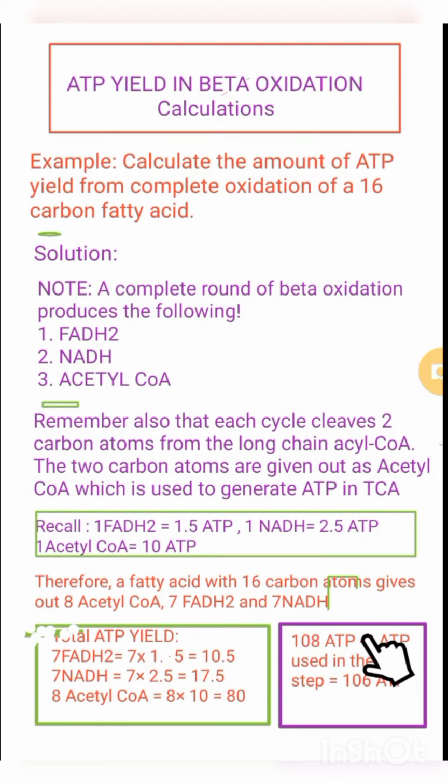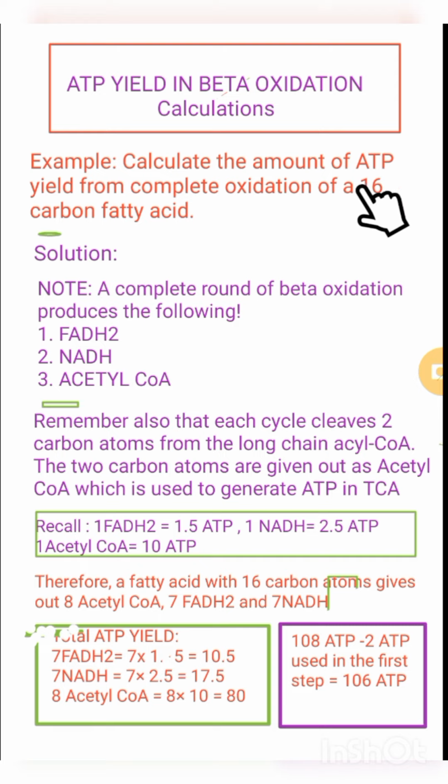You subtract the ATP molecules that you used at the beginning of the cycle during activation. So 108 ATP minus 2 ATP used in the first step will give you exactly 106 ATP molecules.